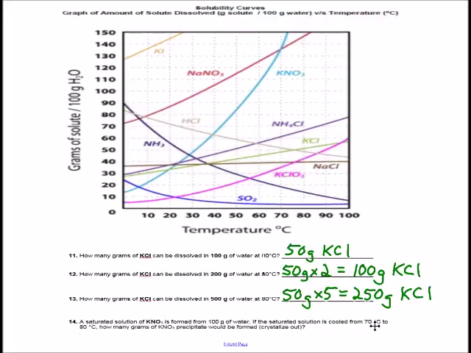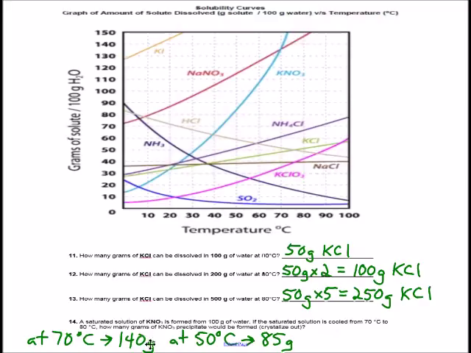So we're going to look up 70 degrees Celsius right here, and we're going to go all the way up till we find potassium nitrate. So all the way up here. So let's say 140. So at 70 degrees Celsius, we can have 140 grams in solution. Now we're going to cool that down to 50. So at 50, which is right here, I'm going to go up, and it looks like I can hold about, let's say 85. It's right there in the middle.